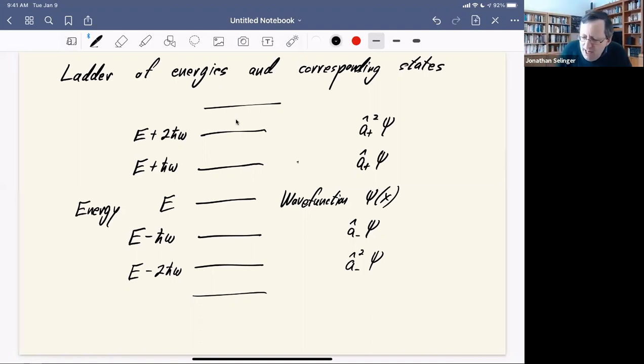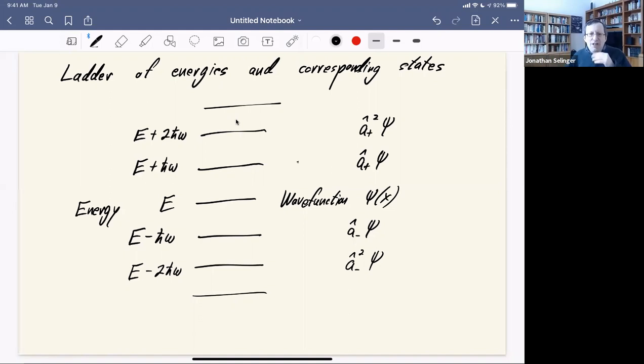So you can see already that one thing is a little bit different from the particle in a box. When we had the particle in a box, the energies of the states were proportional to some integer n squared, and so the steps were not equally spaced.